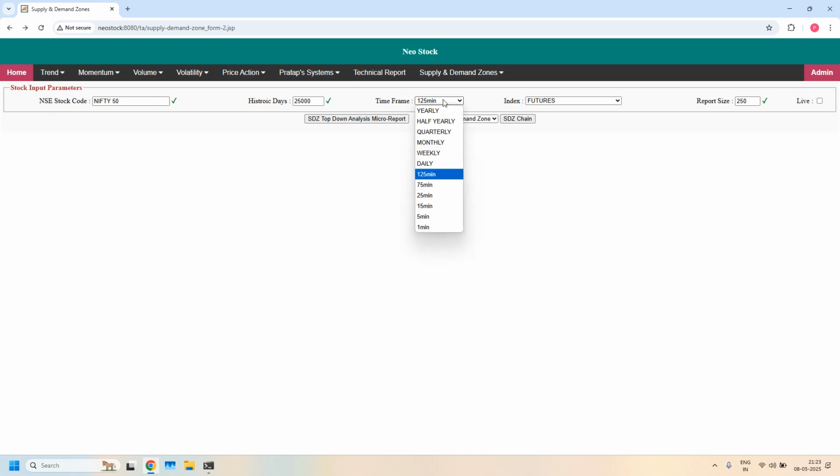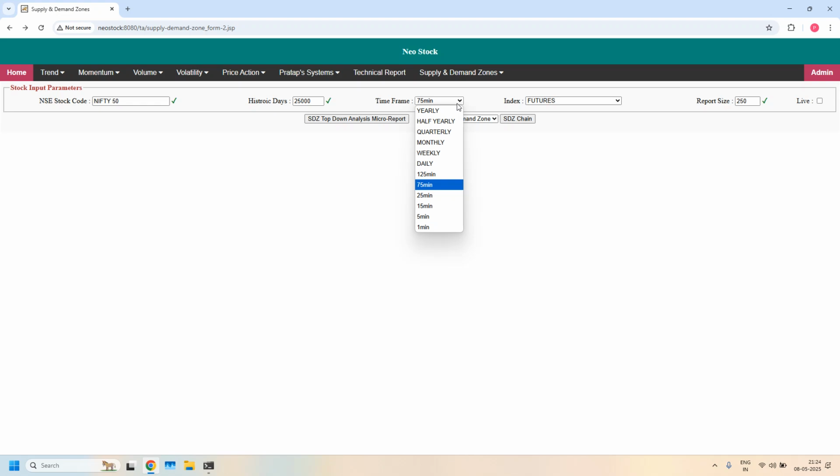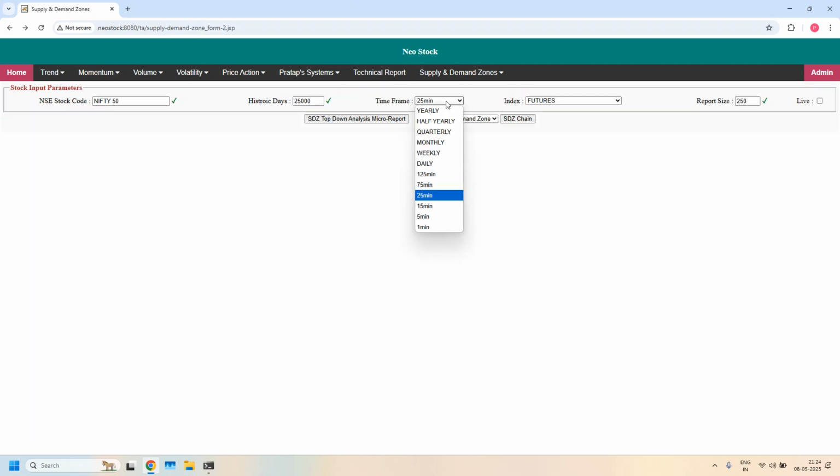Next, generating 75 minutes supply demand zone chain for Nifty. Next, generating 25 minutes supply demand zone chain for Nifty. Okay, next, generating 15 minutes supply demand zone chain for Nifty.